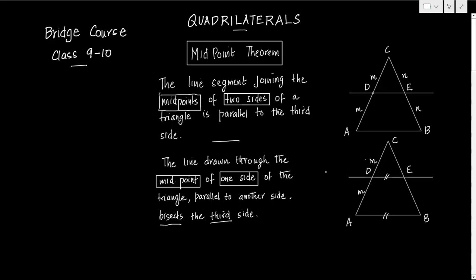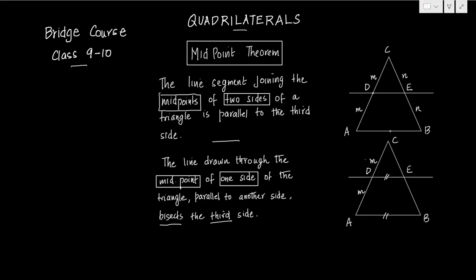So now, as the final part of this video, we will talk about the midpoint theorem. What is the midpoint theorem? The midpoint theorem has something to do with triangles, even though it is under the chapter quadrilaterals. So I've got 2 triangles here, and let me explain by reading the midpoint theorem.